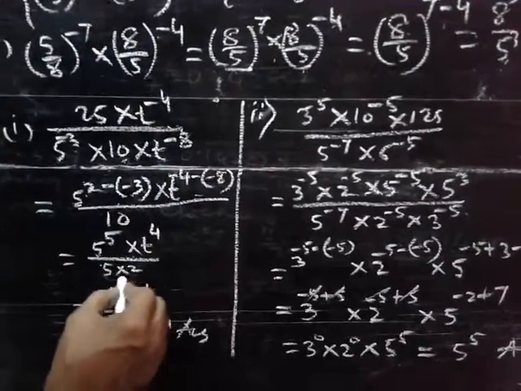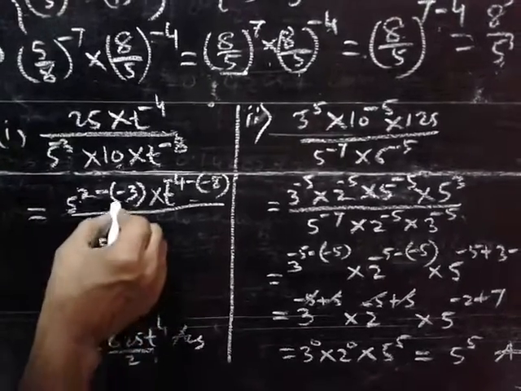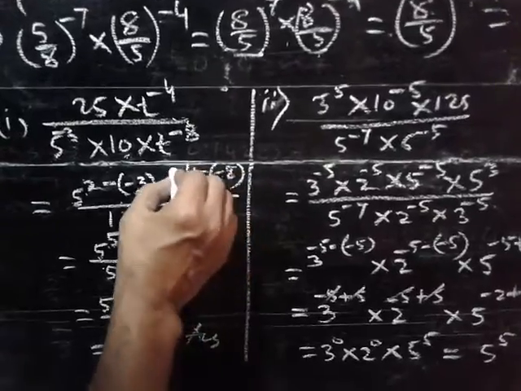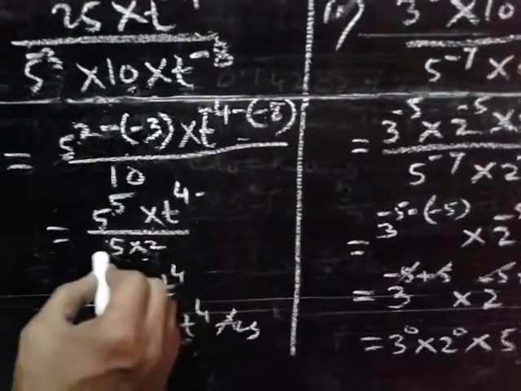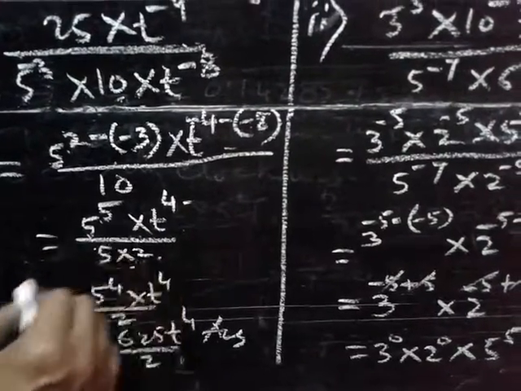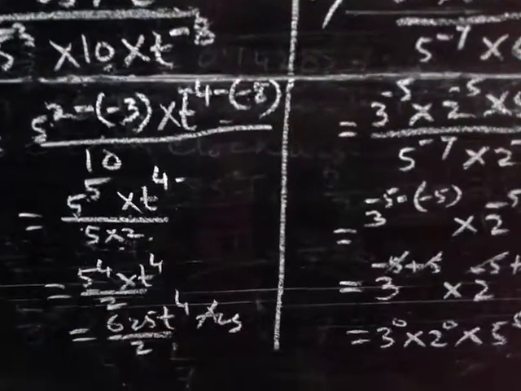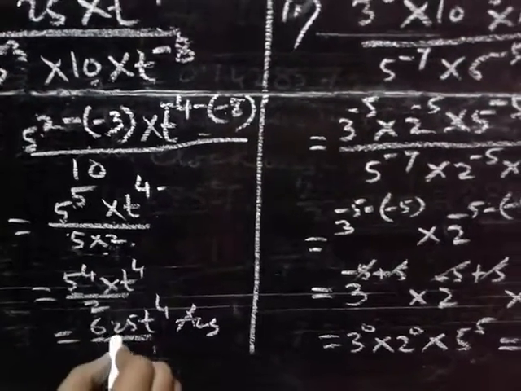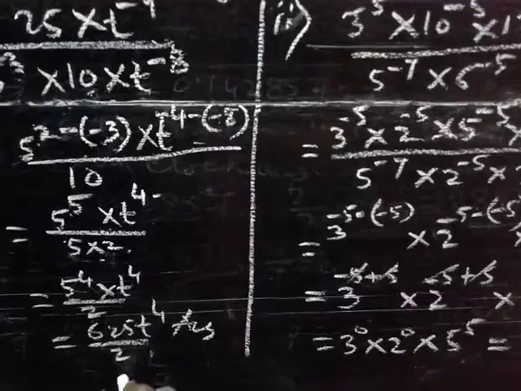And 10 we are just putting over here as 5 into 2. So here this has come 5 to the power 2 minus 1, that is 5, t to the power plus 8 minus 4, that is plus 4, and 5 into 2 I just put over here. Then it will be 5 to the power 4 into t to the power 4 divided by 2, that is 625 t to the power 4 by 2 is your answer.